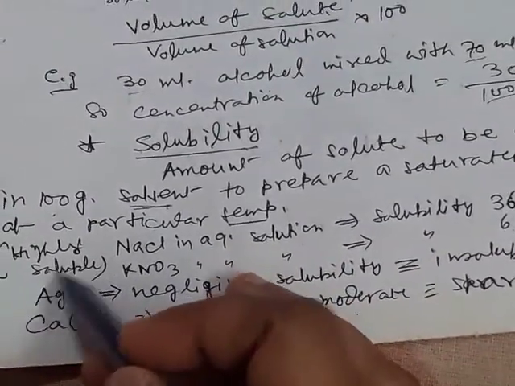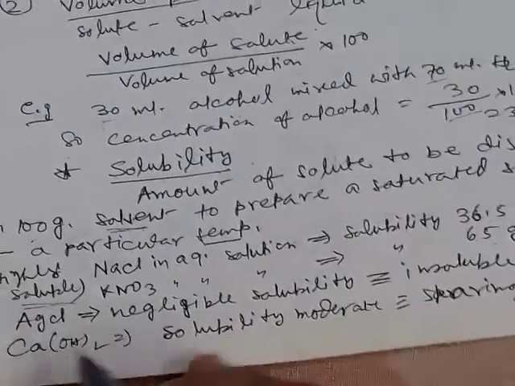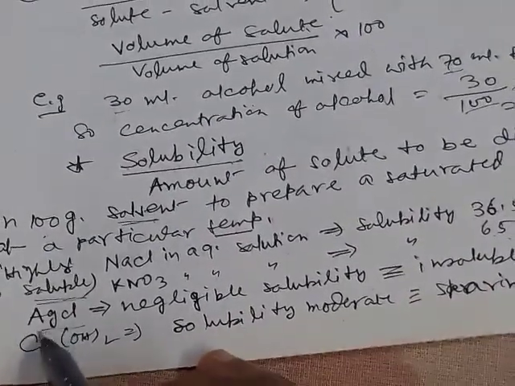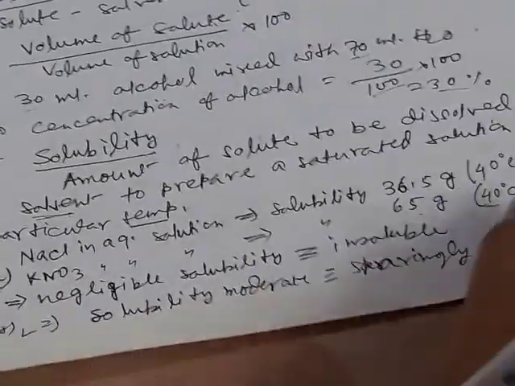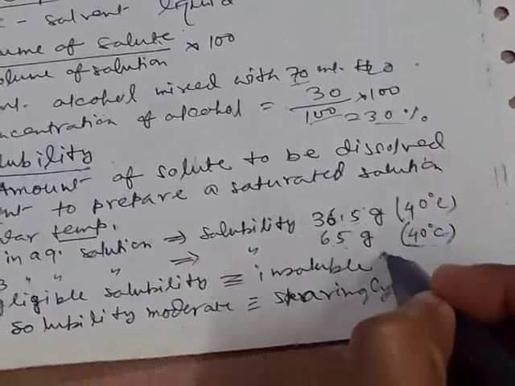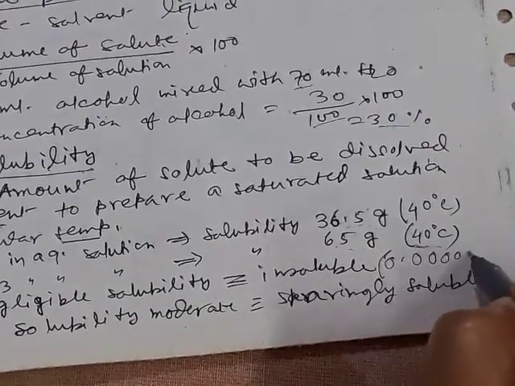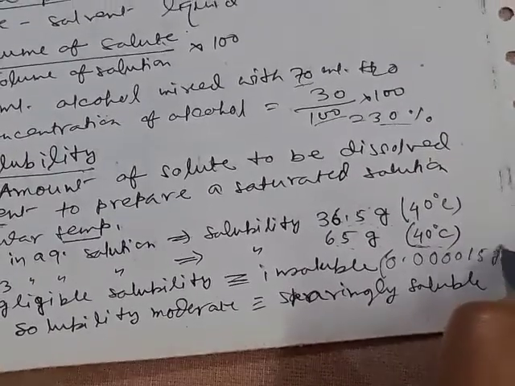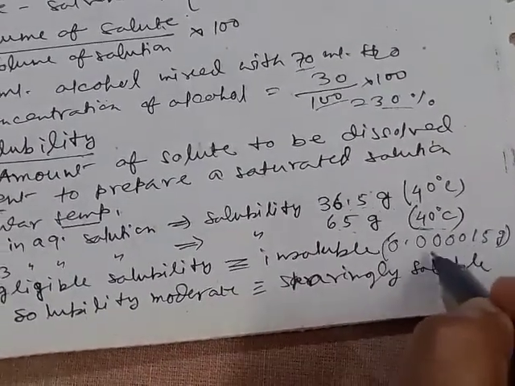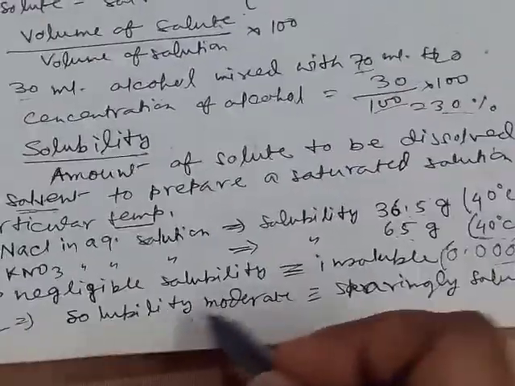These salts are called highly soluble as their solubility is very high. But silver chloride has very negligible solubility, in the order of 0.000015 gram. That is a very small amount, almost negligible, so this salt is called almost insoluble.